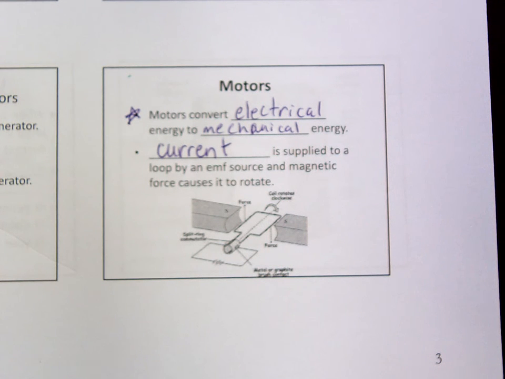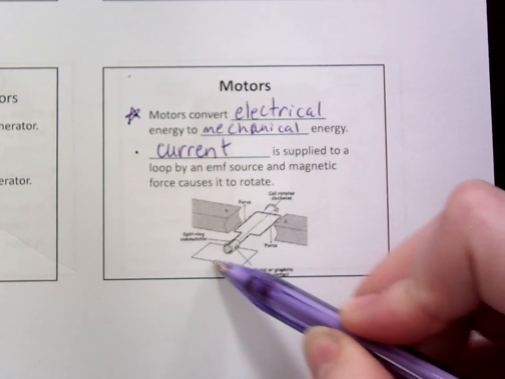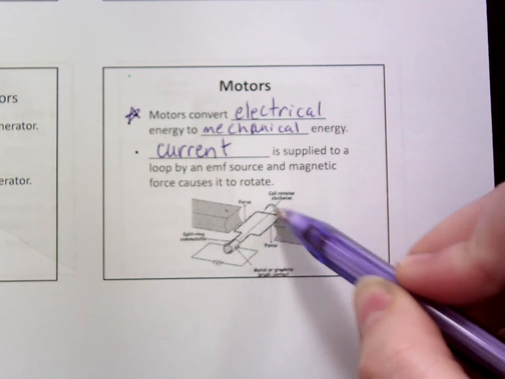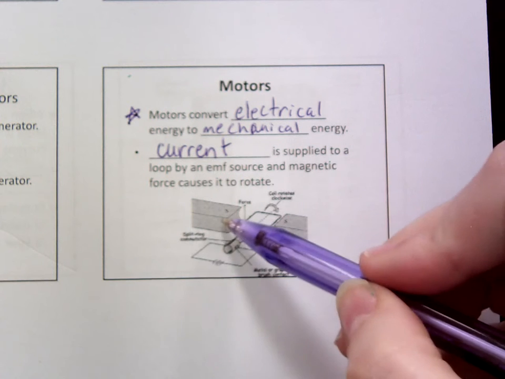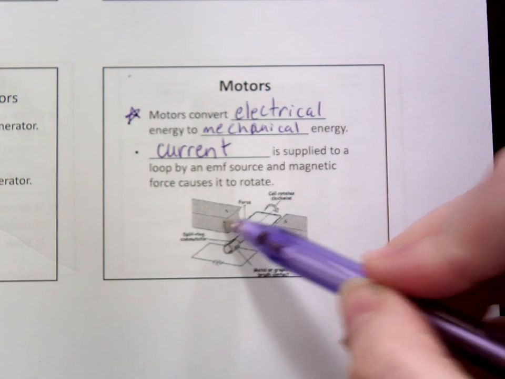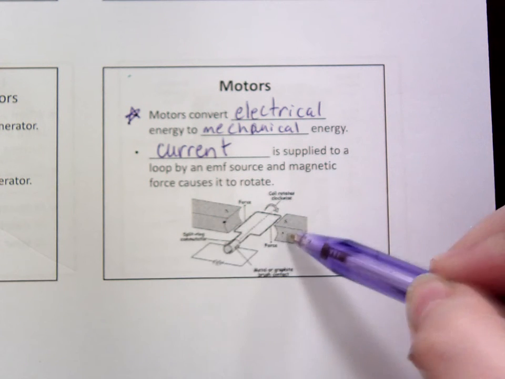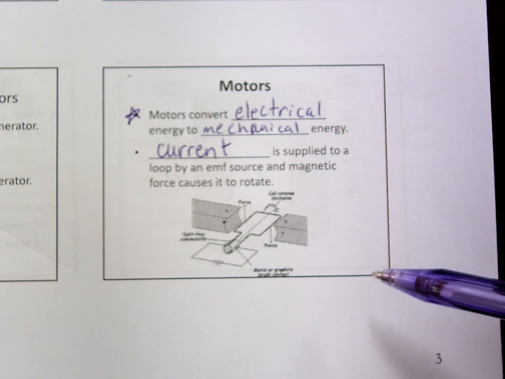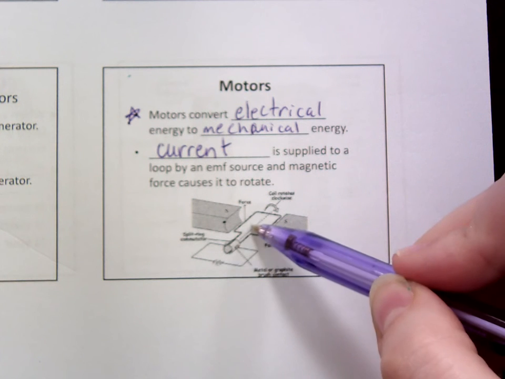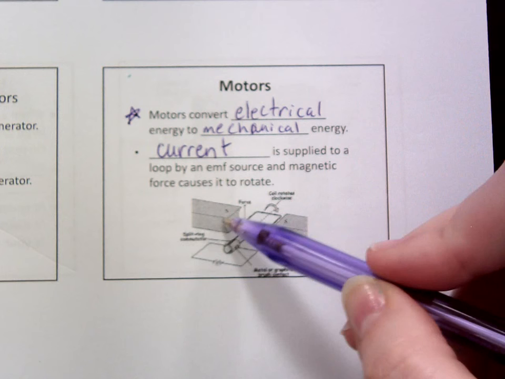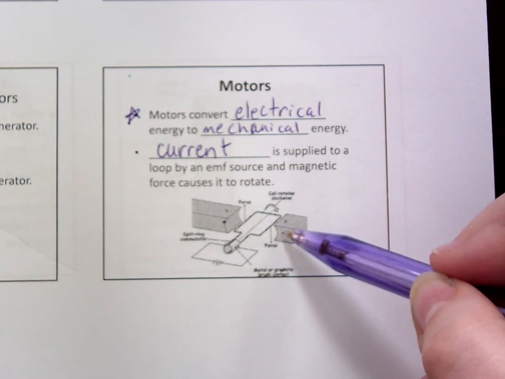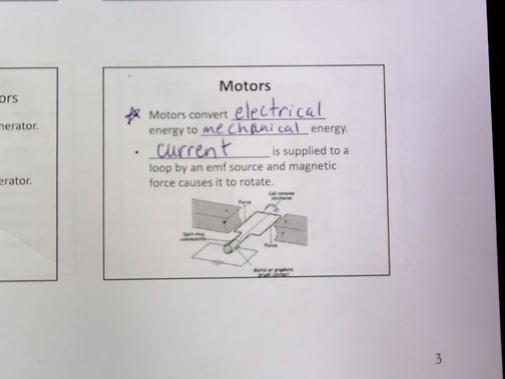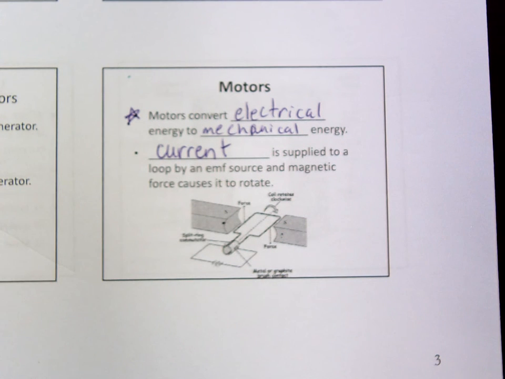And as we get current going through the loop, it creates a magnetic field in the loop, which interacts with the magnetic field of magnets already in the motor. So the magnetic field of the loop is attracted or repelled by the magnets of the motor, which causes it to spin. Now, I actually have an example of a simple motor.